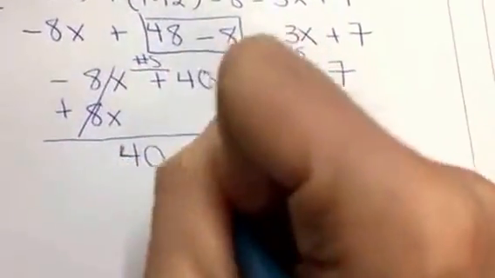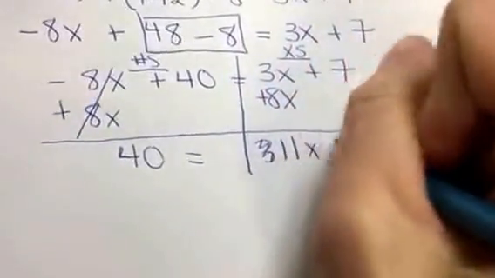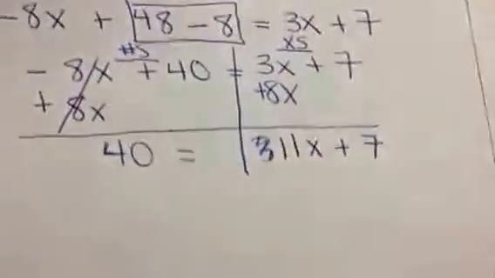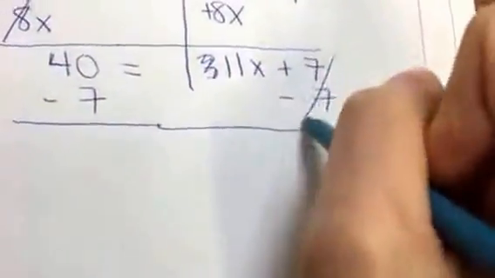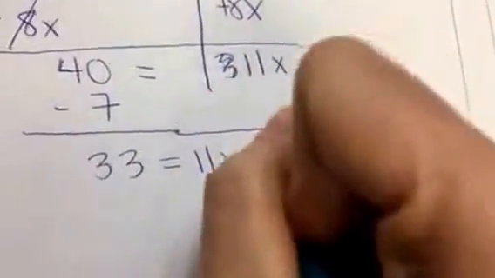So what I'm left with is 40 is equal to 11x plus 7 because I added that 3 and that 8x. Now I'm going to take away 7 from both sides. And what I'm left with is 33 equals 11x.